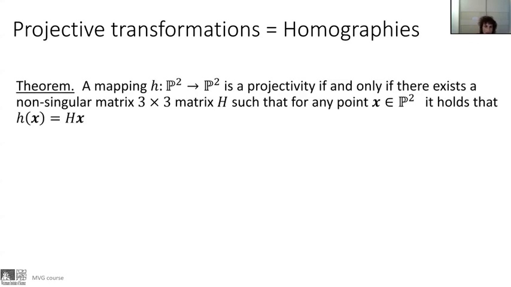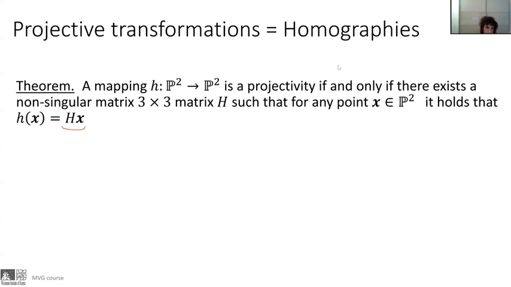Okay. Essentially, it can be shown, and we'll prove part of this theorem, that a mapping is a projectivity if and only if it can be described by a non-singular matrix, a 3 by 3 matrix H, such that the mapping can be written as a linear transformation, H times x.